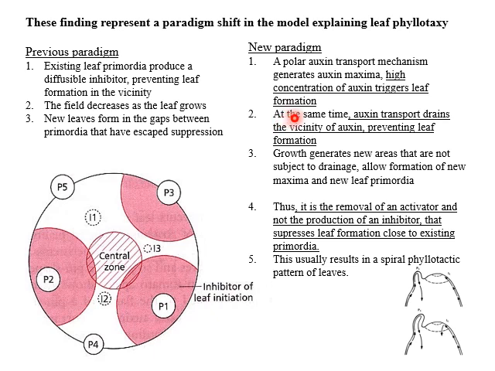Yeah, and I mentioned it before that auxin transport drains the vicinity of auxin, preventing then leaf formation. So the new paradigm is that it's the removal of an activator and not the production of an inhibitor that suppresses leaf formation close to existing leaf primordia.